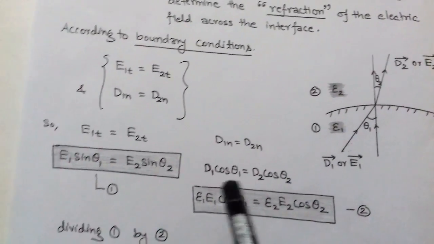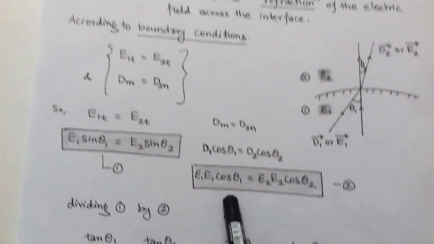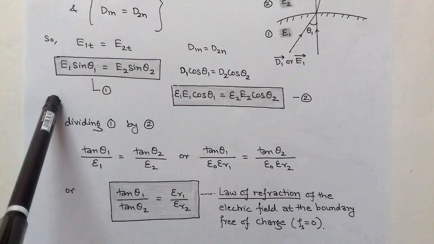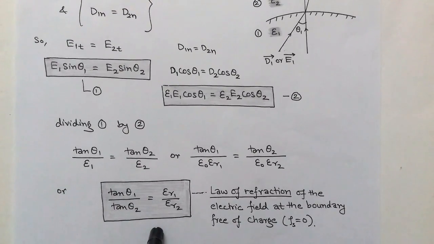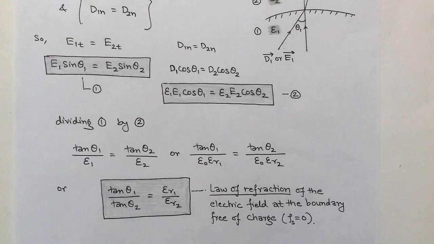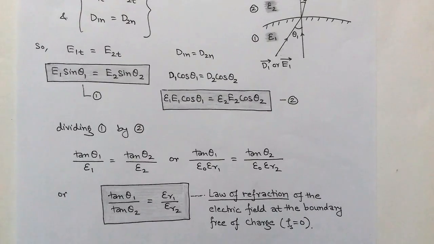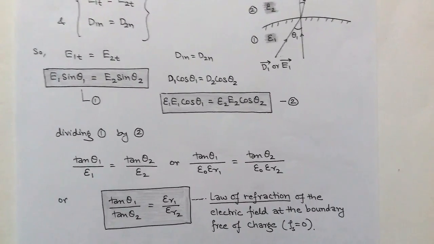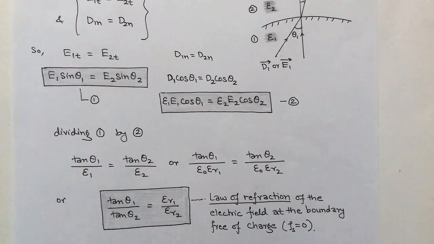So after knowing these continuous boundary conditions, and dividing these two equations, 1 and 2, we get a law, that is tan theta 1 upon tan theta 2 equals to epsilon r1 upon epsilon r2. That is called the law of refraction of the electric field at the boundary that is free of charge. If the boundary is free of charge, then we can apply the law of refraction to determine the refraction.